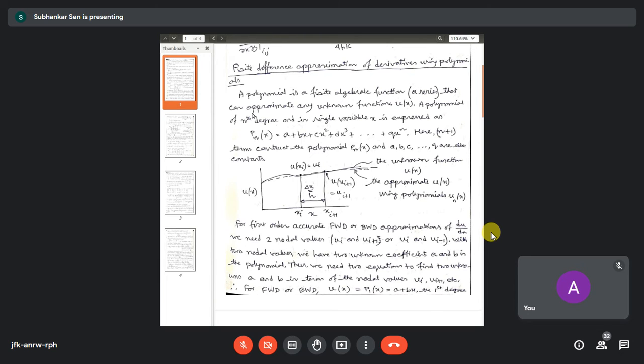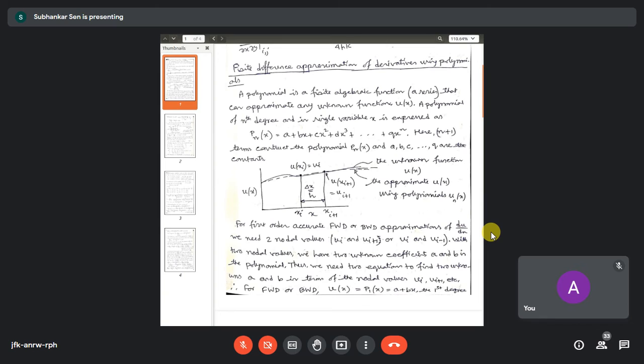So the trick in this polynomial method is that we choose the variable to follow some form that is a subset of this expression, and depending on the order of accuracy, we set some equations based on this, and then we find the coefficient values of a, b, and c, and then we can take a derivative of this and find this expression.